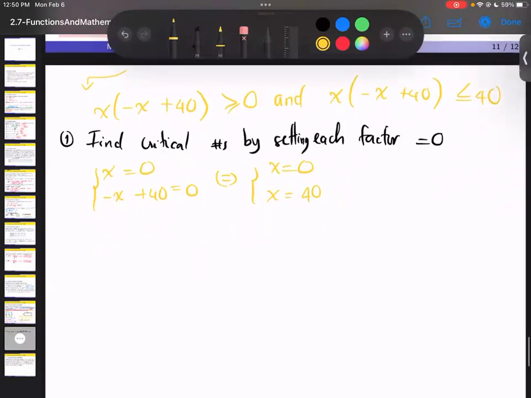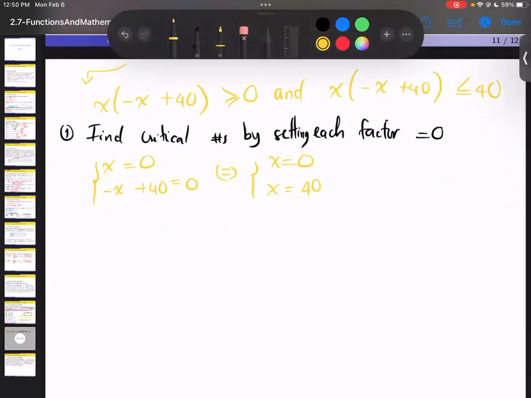All right. So for my critical numbers, I'm going to put a number line, and I put in my critical numbers right there, smaller one first, and then the larger one next. And then I'm going to pick a test point. I don't know if you can remember this, it's a long time ago.